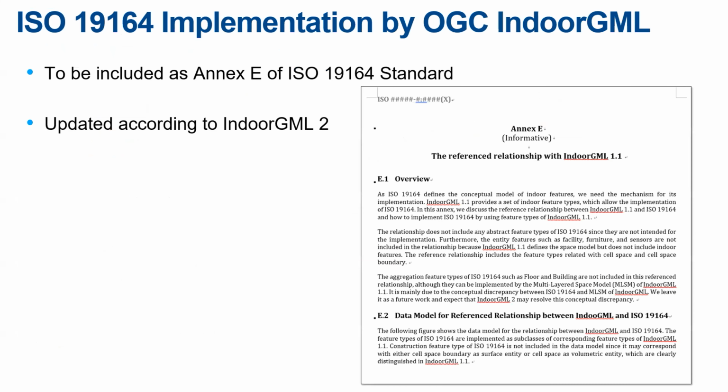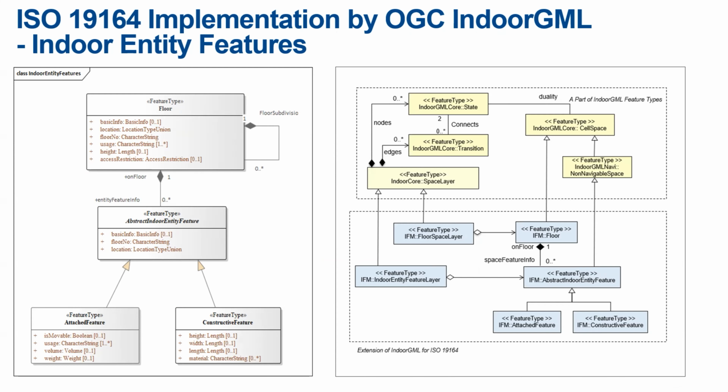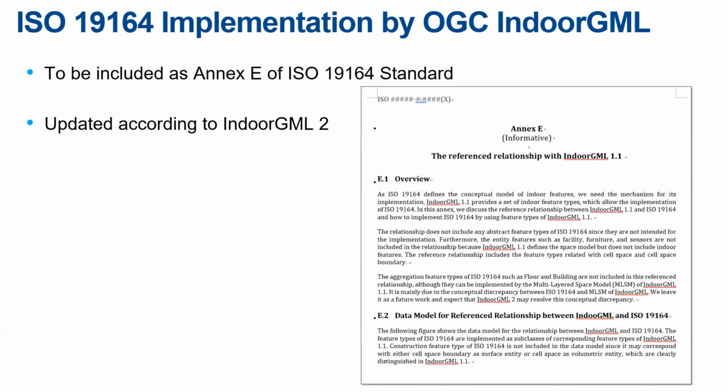This is a very brief report on the implementation. Of course, we have many other subclasses of these features, like indoor entity features or indoor space features, but I don't want to go into the detail in this presentation. Finally, this implementation will be included as Annex E of the ISO 19164 standard.